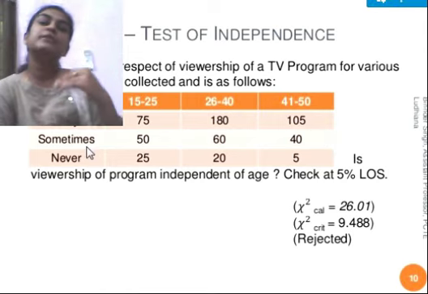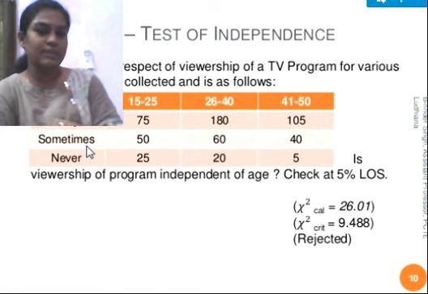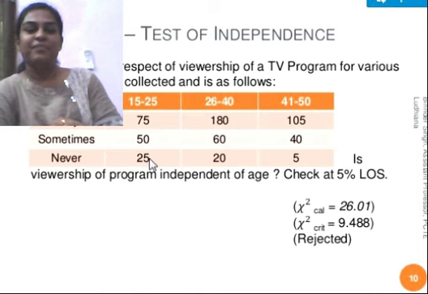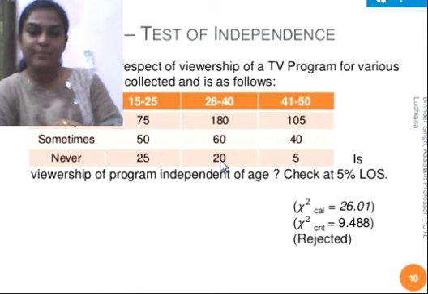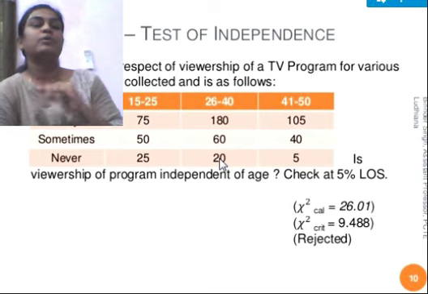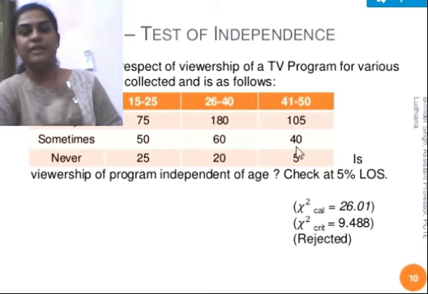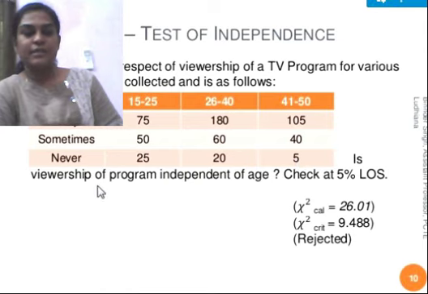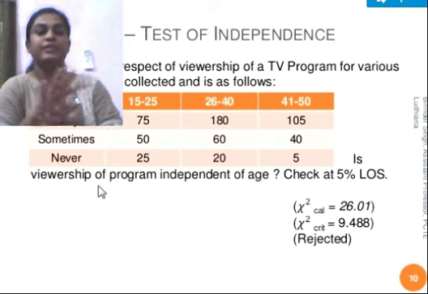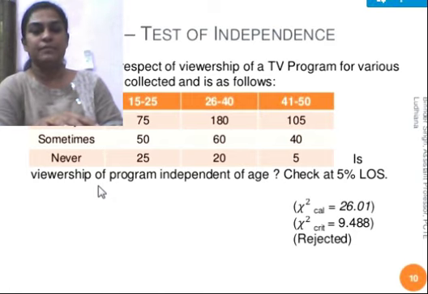Some people said they watch only sometimes, and some people said they never watch TV: 25 people. In another age group, 20 people said they don't have the habit of watching TV, and in this age group it is very few, only 5. Now let us calculate this example at the 5% level of significance.